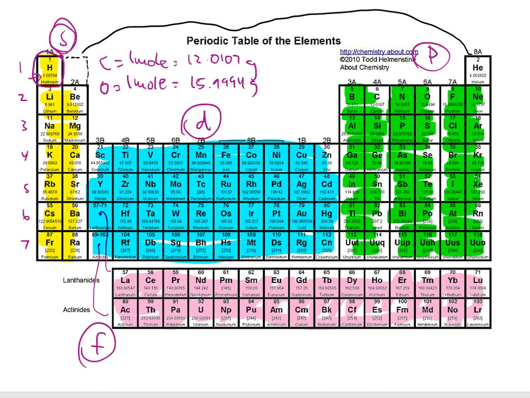But helium has characteristics that are like neon and argon and krypton and xenon and radon. So because of that, he really does fit into that very last column over on the right-hand side. But with electron configuration, he really fits over here near hydrogen.